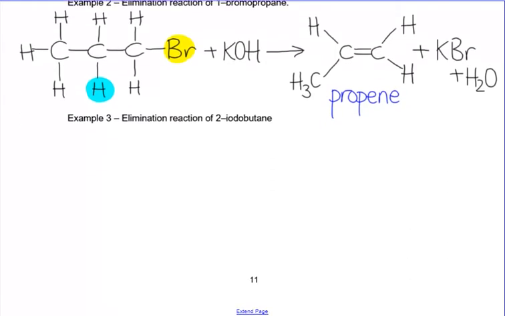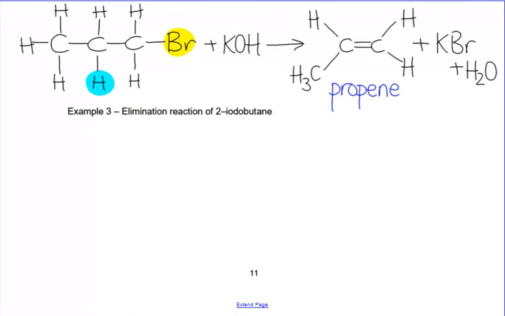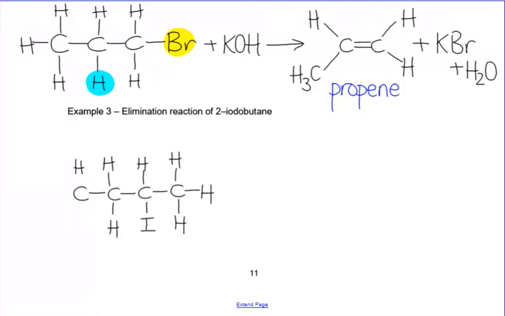So again, pause the video and see if you can have a go at the elimination from 2-iodobutane. If you've had a go at that, you might have noticed that you've got more than one possible answer here, because we can draw our 2-iodobutane with hydroxide.